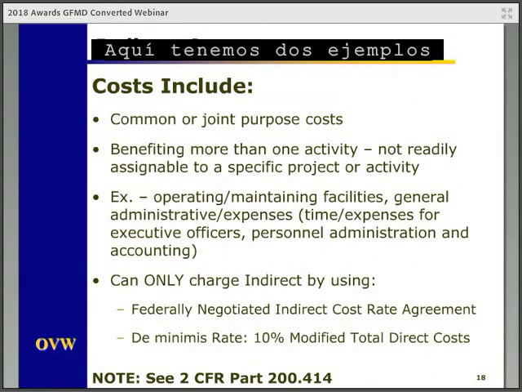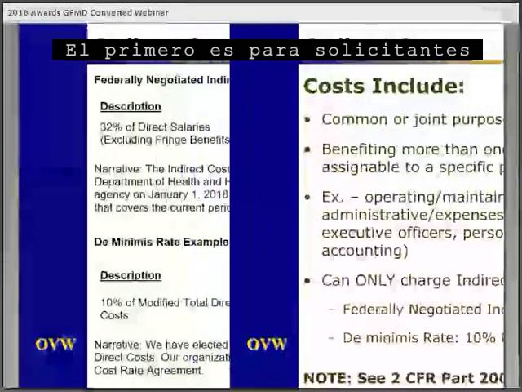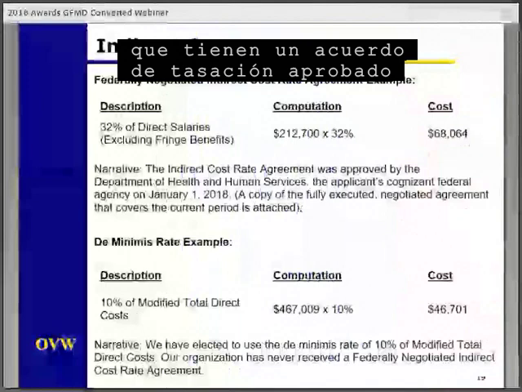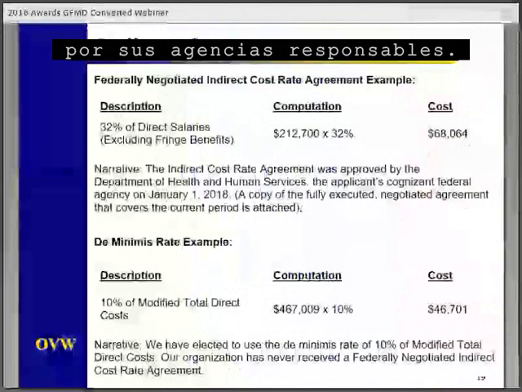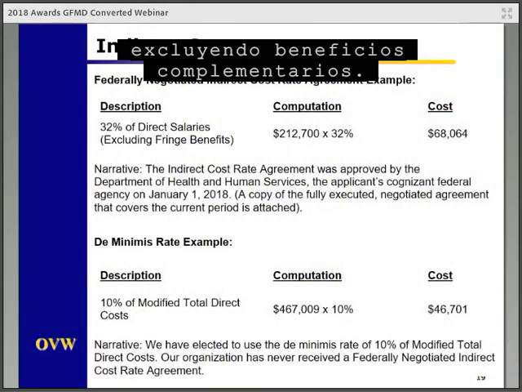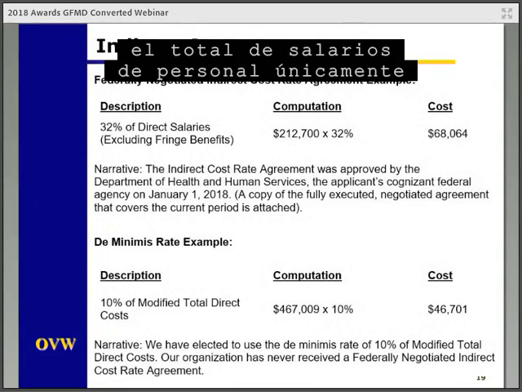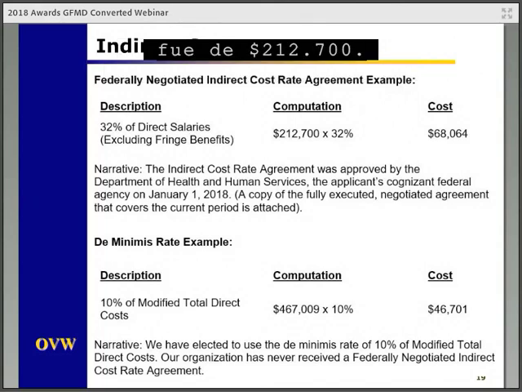We have two examples here for recovering indirect costs in the budget. The first is for applicants who have an approved rate agreement with their cognizant agency. So in this example, the rate is 32% with a base of direct salaries, excluding fringe benefits. And from our sample budget worksheet, the total for just salaries from personnel came to $212,700.